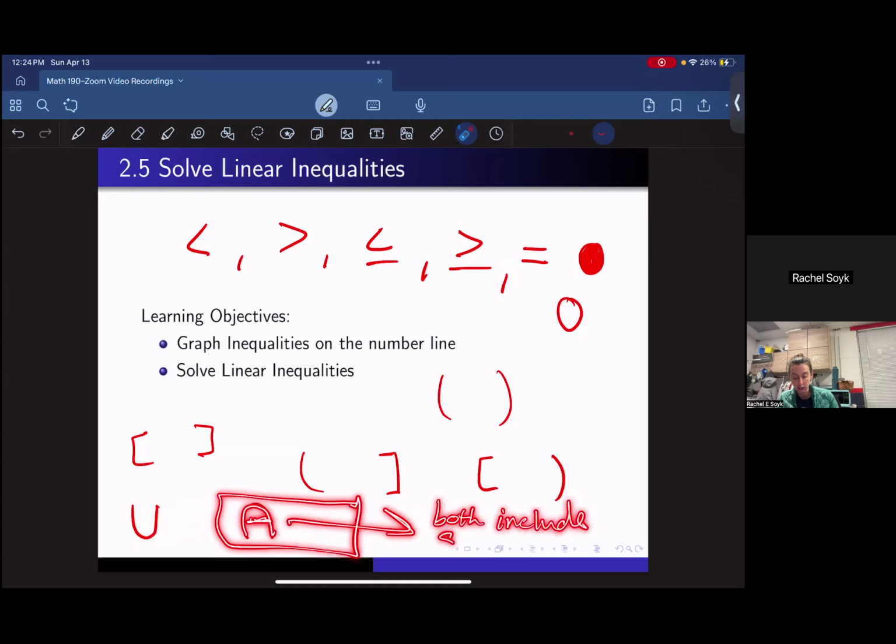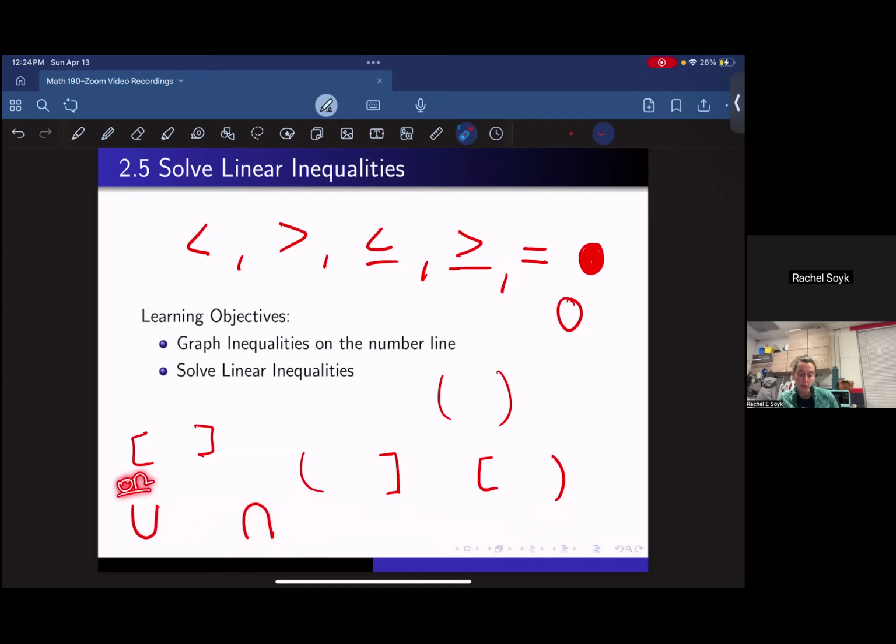We're looking at shared values only. Whereas with or, you look at everything. All of them. You're unionizing the groups.